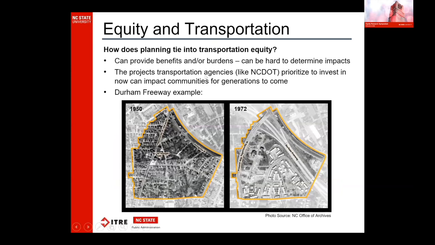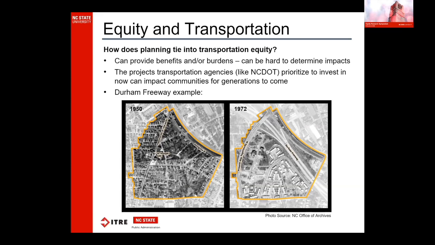In terms of our own backyard, I think this example related to the Durham Freeway helps illustrate why transportation planning and equity are so incredibly tied together. Transportation, where we put it, can result in either benefits or burdens to communities.